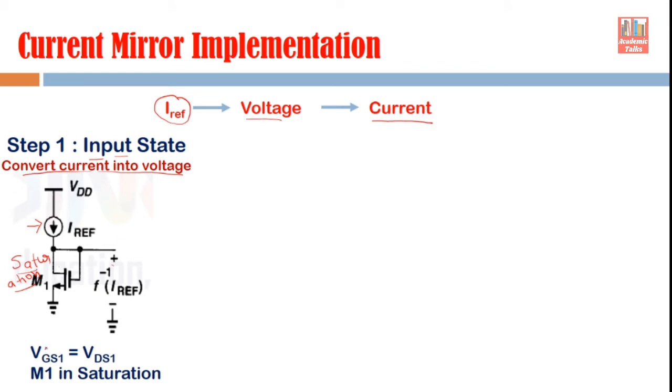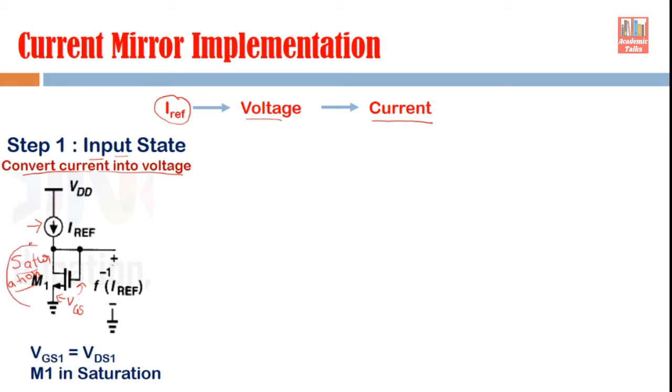Number one, the gate source voltage of this device is actually equal to the drain source voltage. This is true because whenever you connect your gate with the drain, this is your gate source voltage here, this is the gate source voltage, right? So this gate source voltage which is appearing here is equal to your drain source voltage which appears here in this portion.